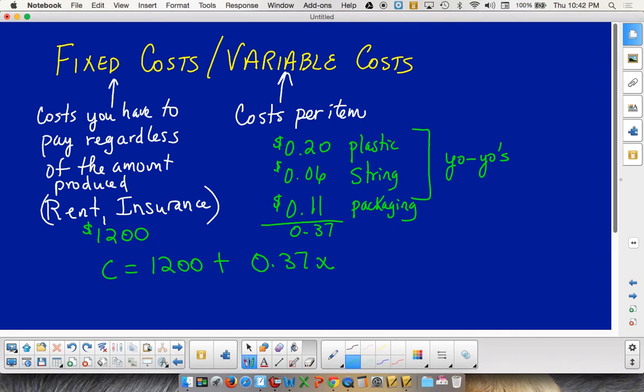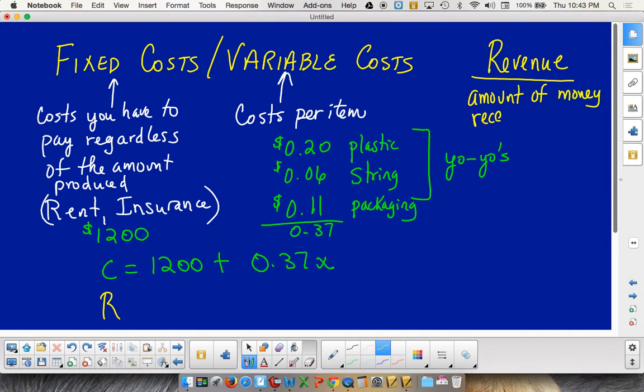Okay, they're also then going to give you a revenue equation. Revenue is the amount of money you receive from sales. It has nothing taken out of it. So in our little pretend situation here, we need to figure out, okay, how much are we making per yo-yo? What do you want to sell your yo-yos for?